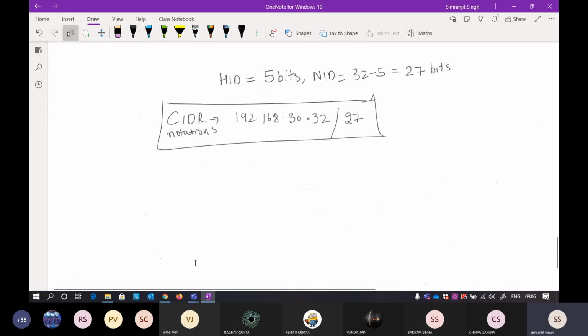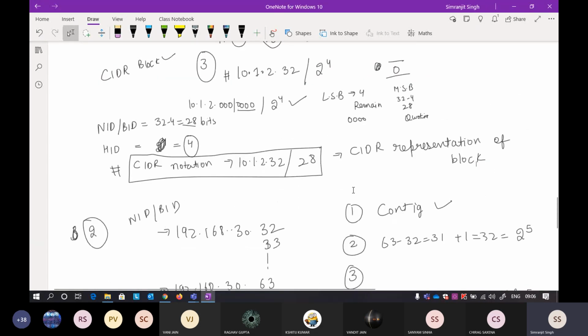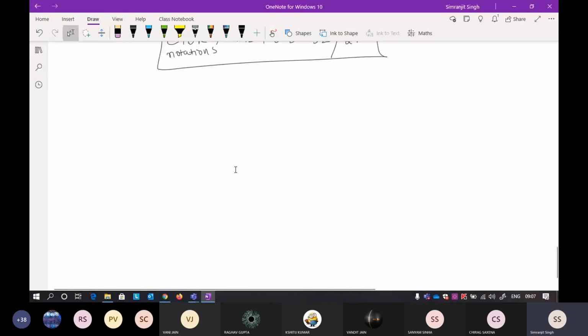Suppose this CIDR notation is given: 10.1.2.32/28. How can the block be extracted from CIDR notation?